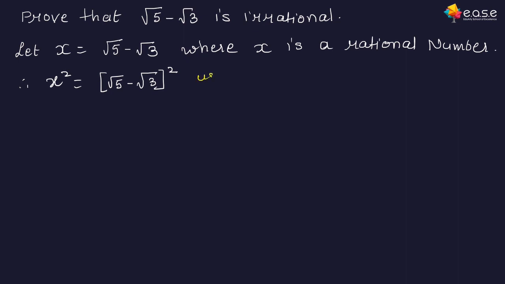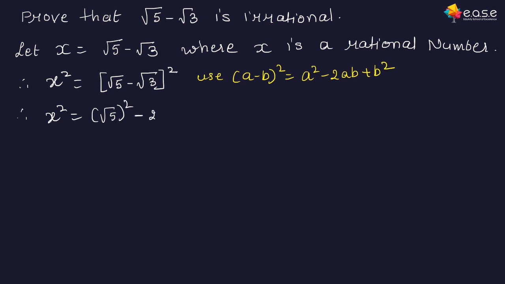Here we are going to use a minus b the whole square, which is equal to a square minus 2ab plus b square. So we will get x square is equal to root 5 the whole square minus 2 multiplied by root 5 times root 3, which is root 15, plus root 3 the whole square.